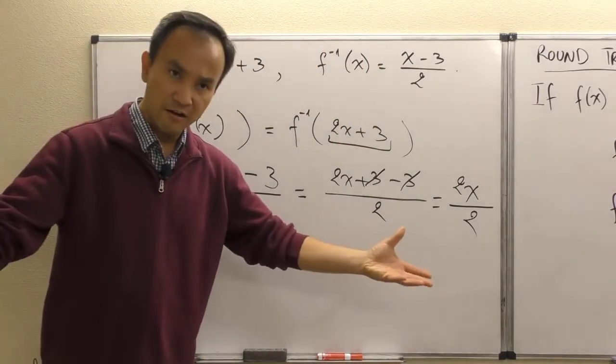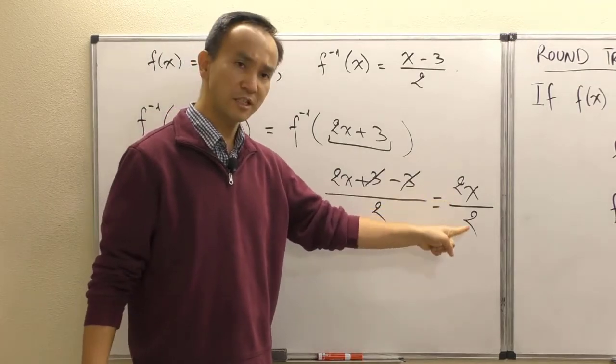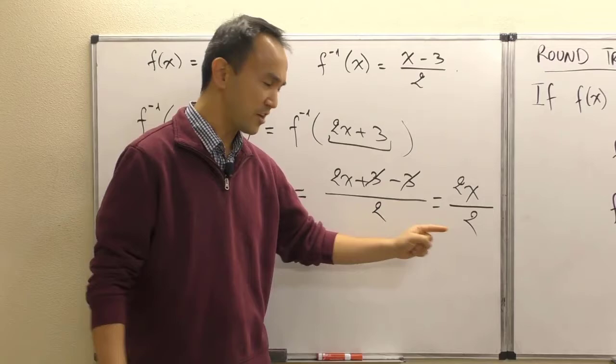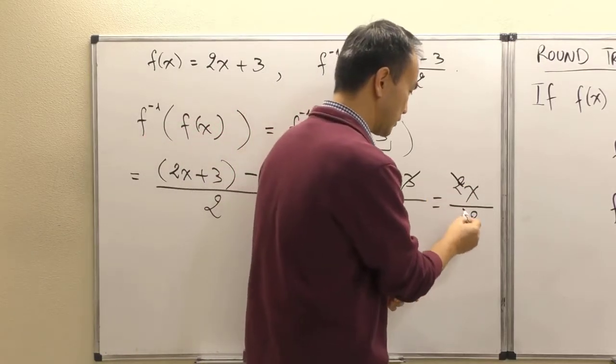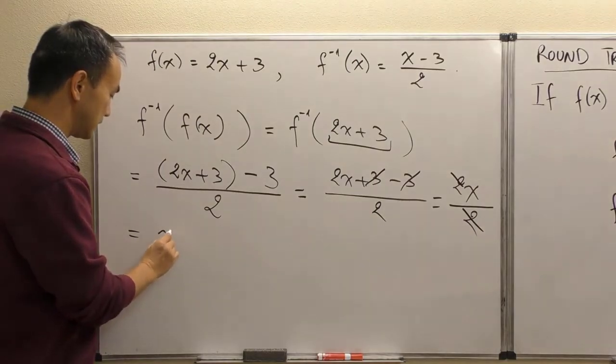And now with elementary algebraic understanding, we know that we can cancel this common factor 2 from the numerator and denominator of this fraction. So 2 got canceled away, and now my final step ends up with x.